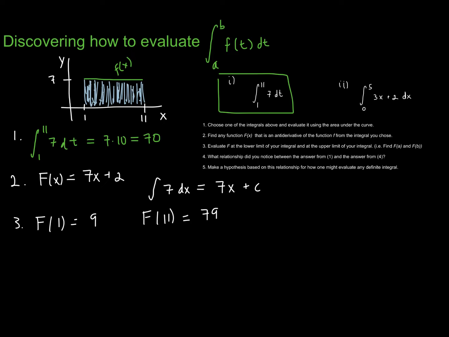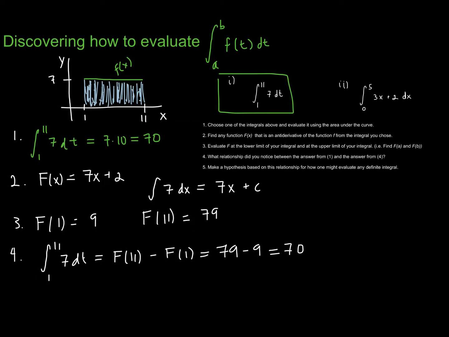In other words, it appears that my integral from 1 to 11 of 7 dt is simply equal to capital F, the antiderivative of 7 evaluated at 11, minus capital F evaluated at 1, which was simply 79 minus 9, or 70.